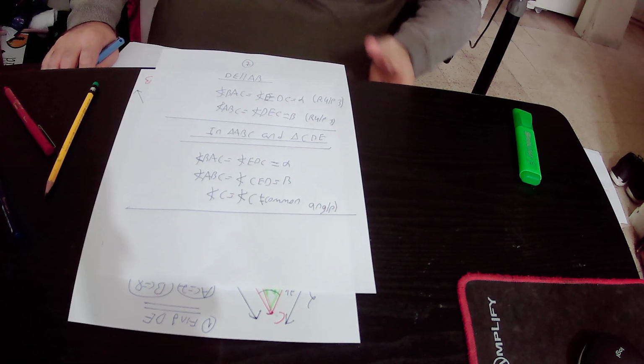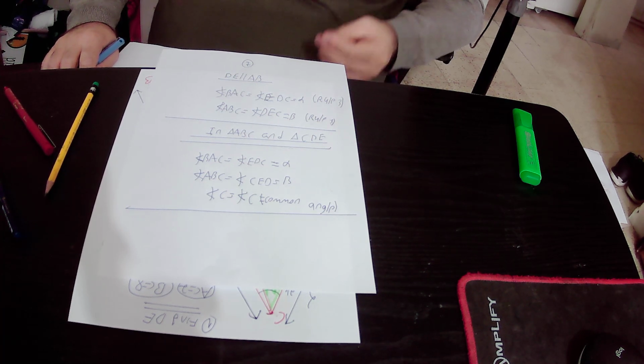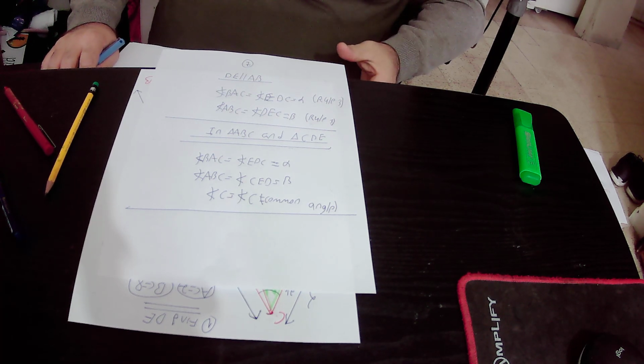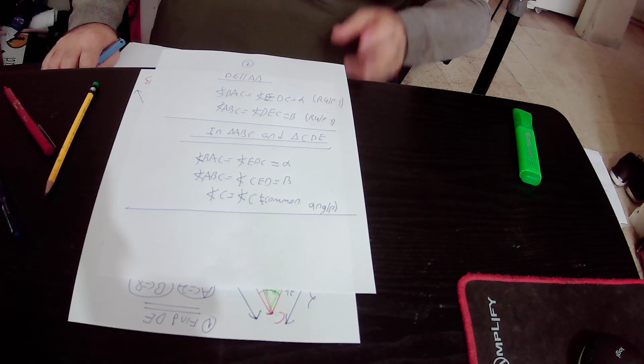So we actually proved that three angles of triangle ABC are correspondingly equal to the three angles of triangle CDE. Therefore, triangle ABC is similar to triangle CDE according to the angle similarity rule.